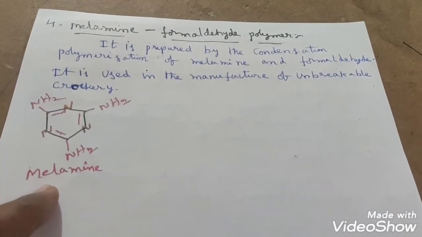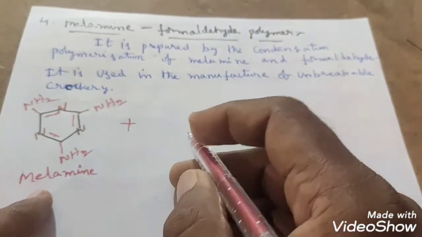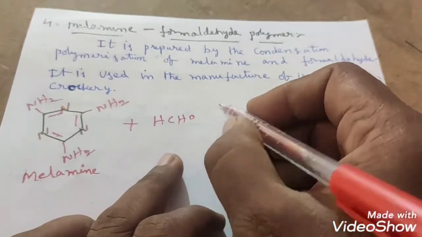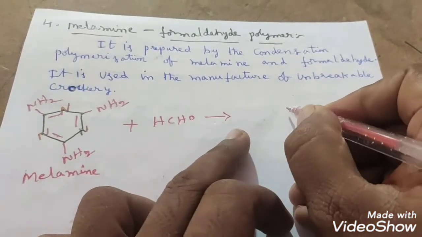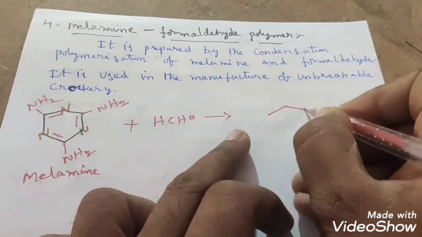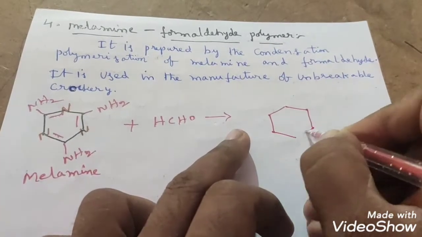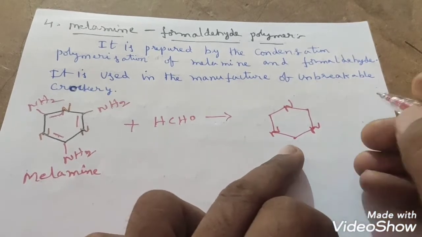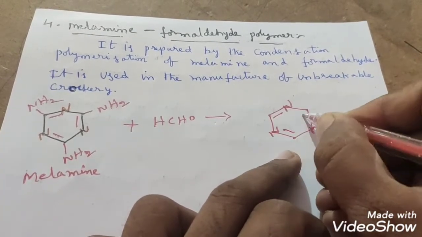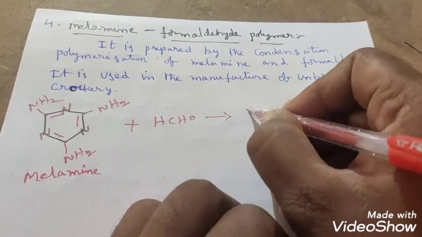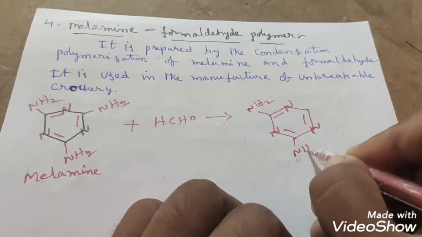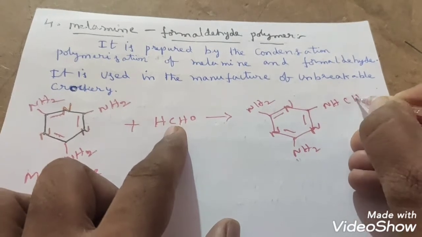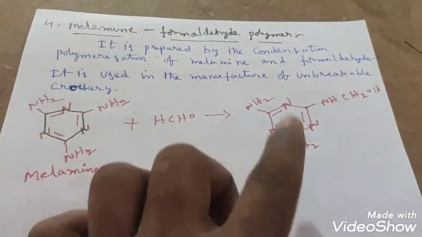This melamine treated with HCHO, that is formaldehyde, gives this product. What is that product? Here you take first a benzene ring-like structure, on which alternate positions are occupied by nitrogen atoms, with alternate double bonds as it is. On this side NH2, this side NH2, and instead of NH2 an addition will take place. It will become NHCH2OH. How it takes place, we will see.